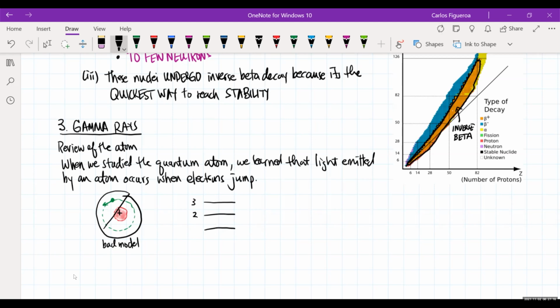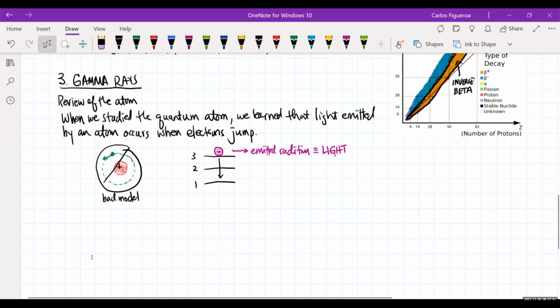Let's say we had an atomic structure that looks like this. What I'm seeing here is an electron that jumps energy levels. In other words, it falls, let's say, to here. And in that process of falling, there's this emitted radiation. And this we called light.